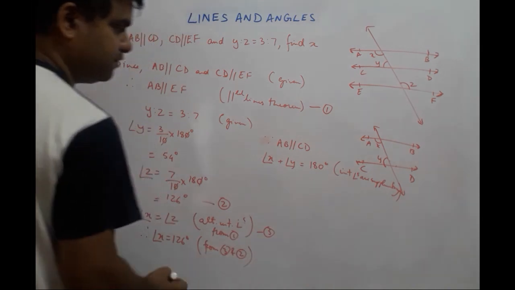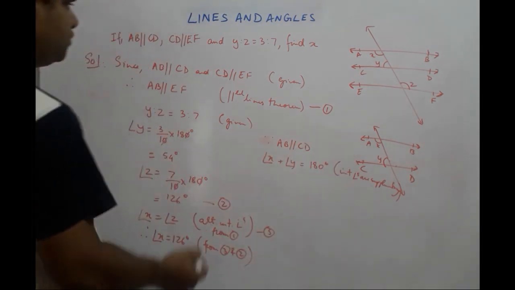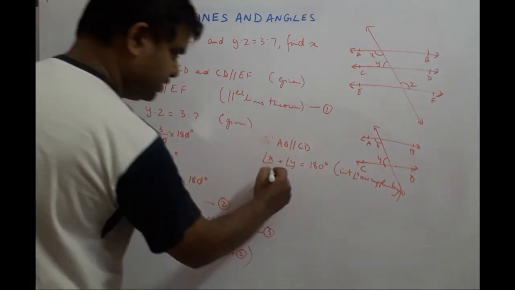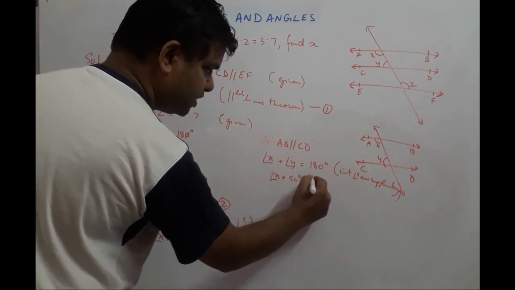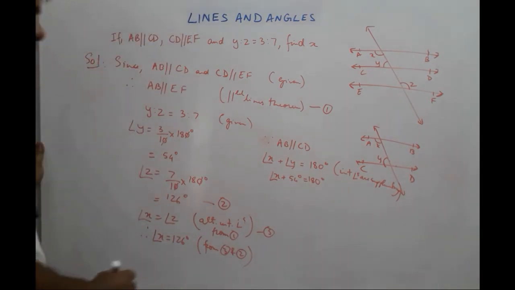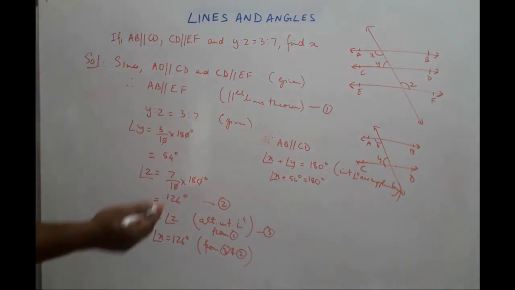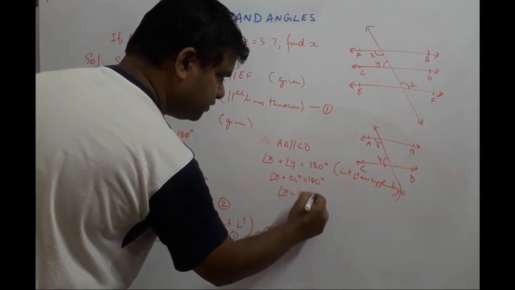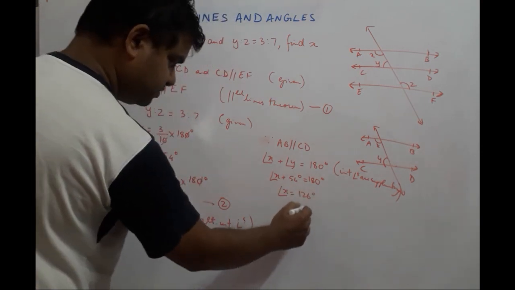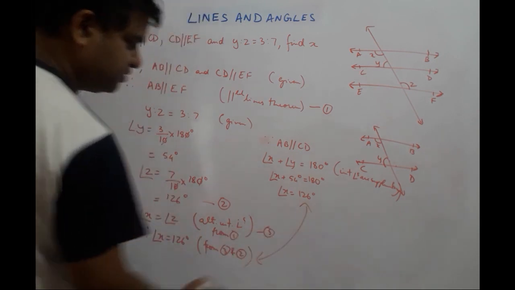And we know what y is. y is 54 degrees. So x plus 54 degrees is 180 degrees. Now if we take 54 degrees to the other side, we will get angle x is equal to 126 degrees. So same as this one.